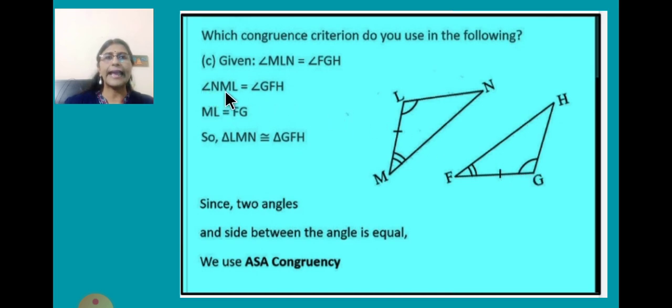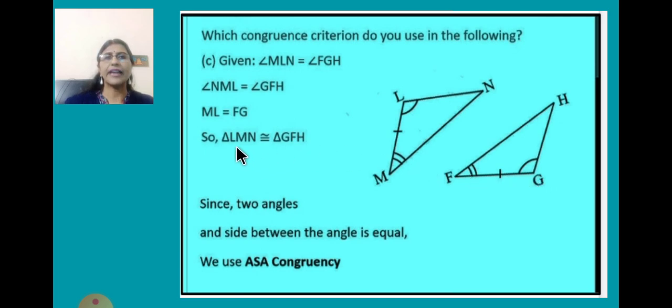Similarly, angle NML, that means this angle. You can see by the marking also we can understand this angle is equal to this angle, given. Angle GFH is this angle. So these two angles are equal, these two angles are equal. And ML is equal to FG. That means this side is equal to this side.